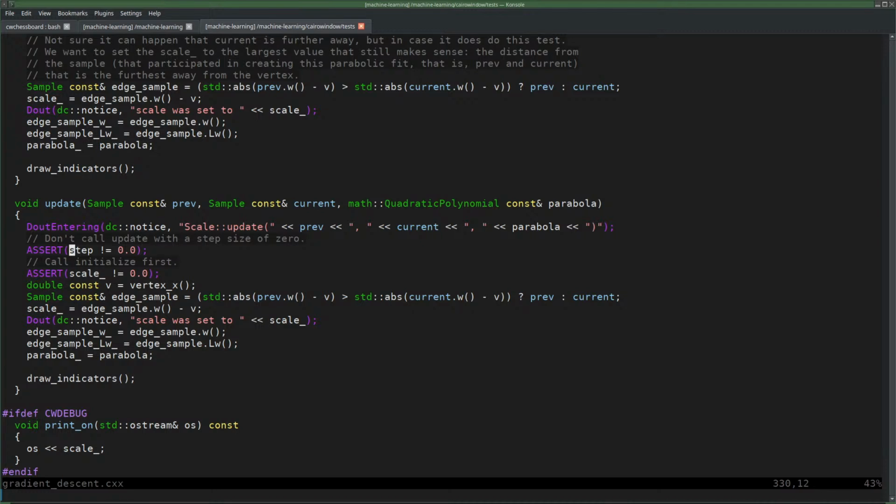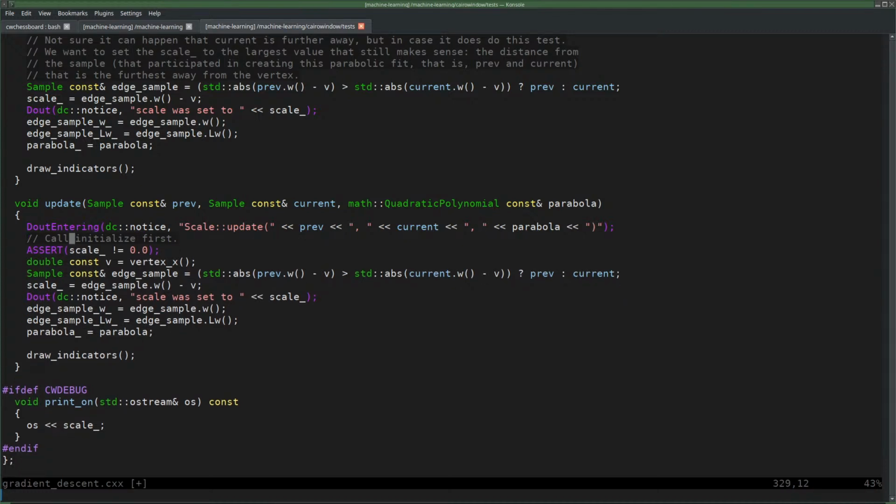I just wanted to safeguard this assert. Yeah, whatever.